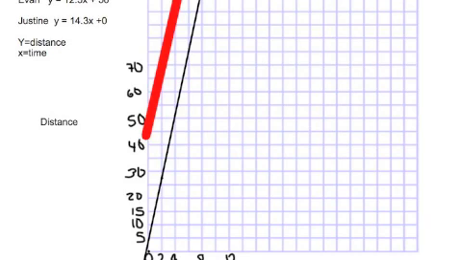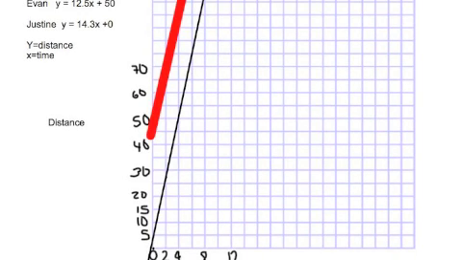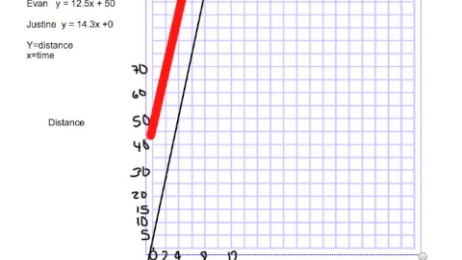You'll notice you have a y-equals equation for both Evan and Justine, and at some point these two y values are going to be the same because that's the intersection point. So Evan's equation and Justine's equation are going to equal each other at that intersection. By substitution, I'm going to drop the y and set the two equations equal to each other.